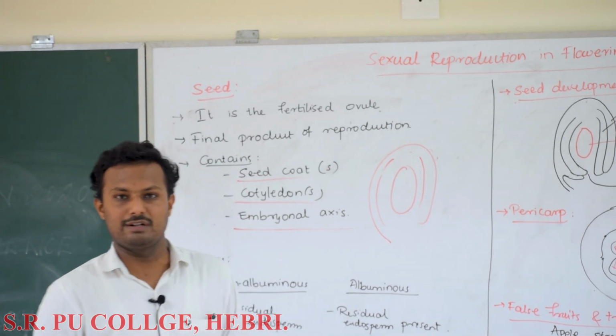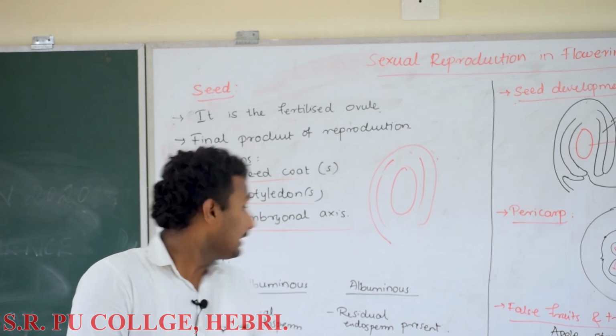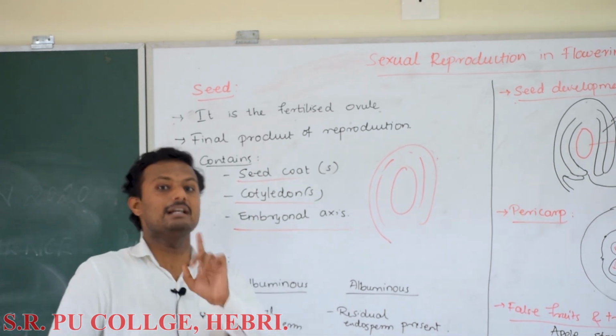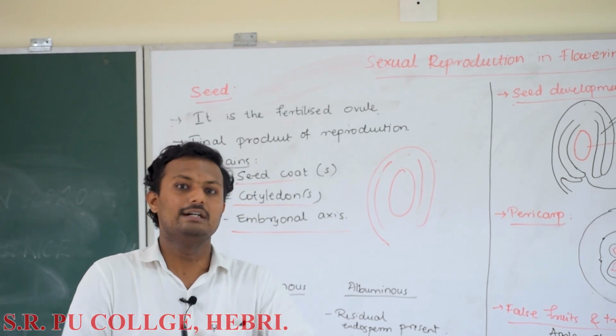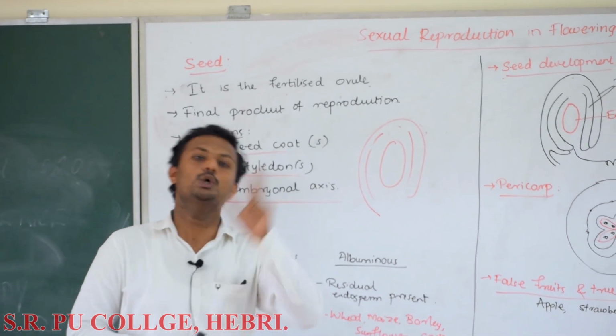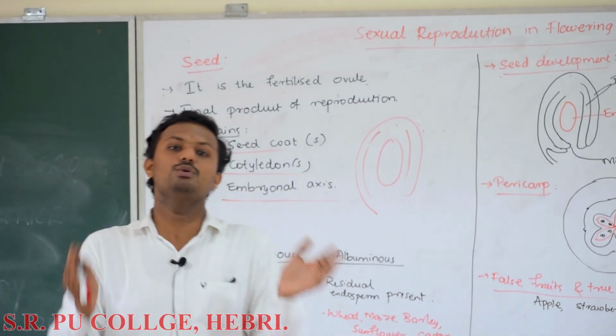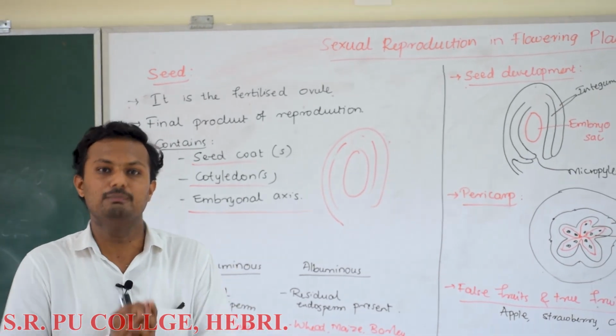In the previous session we have studied about the embryo, the monocot and dicot embryo, where monocot embryo will be having a single cotyledon, that is what is called as scutellum, whereas dicot embryo has got two cotyledons, where these two cotyledons later bulge up and store large amount of food material.